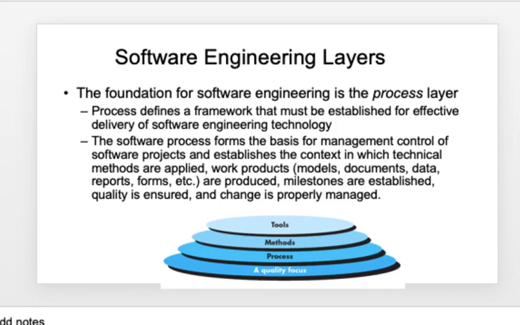The process forms the basis for management control of projects and establishes the context in which technical methods are applied, work products are produced, milestones are established, quality is ensured, and change is properly managed. That is what is called a software process.